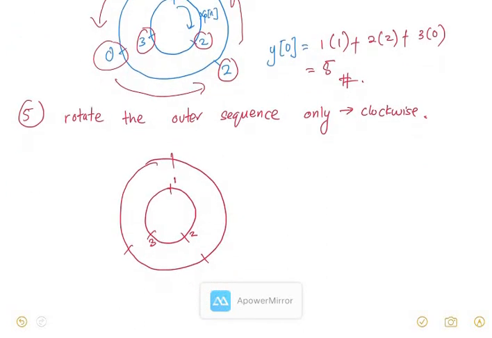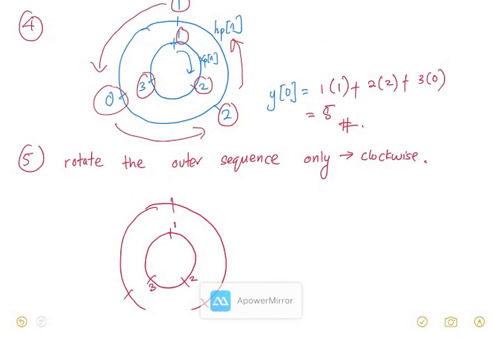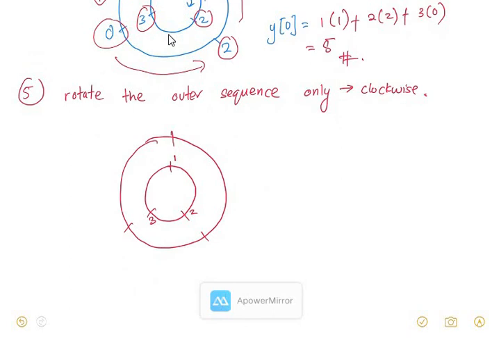Now you rotate the outer sequence clockwise. Initially the 1 is here. Now your 1 should be turned to here, 2 you shift to here, and the 0 shifts to here. So you have 1, 2, 0 here.